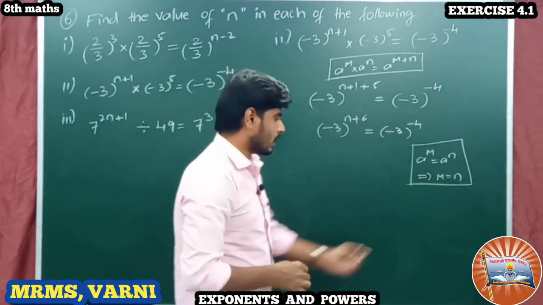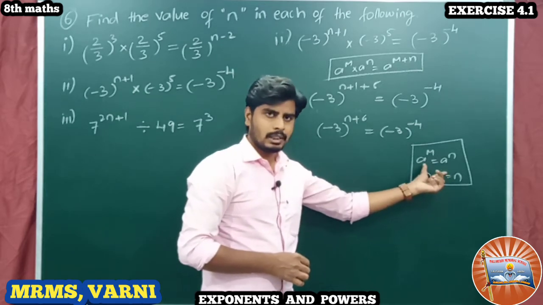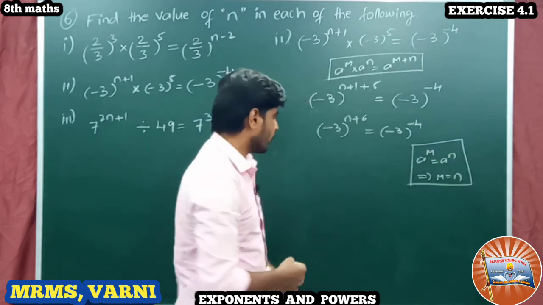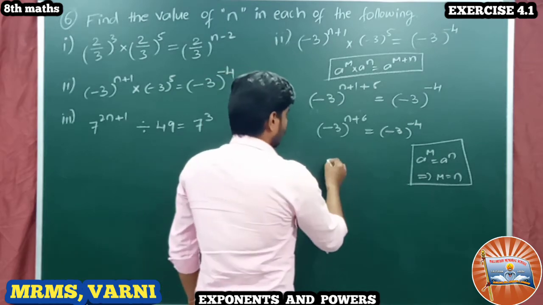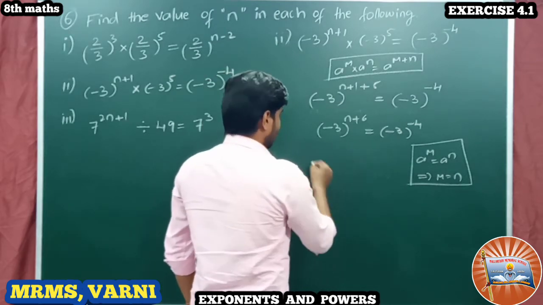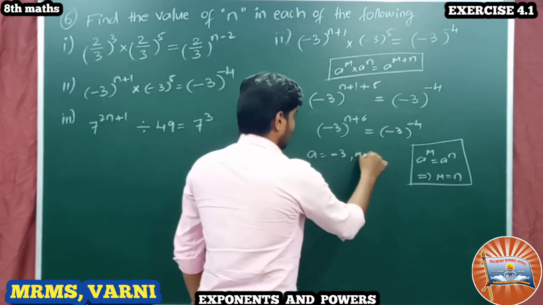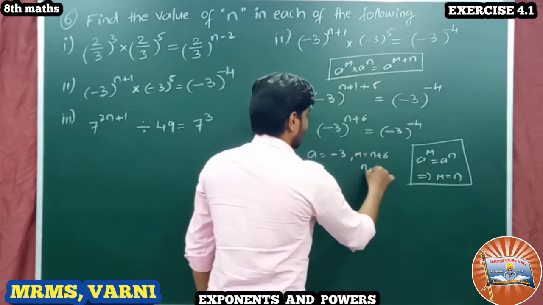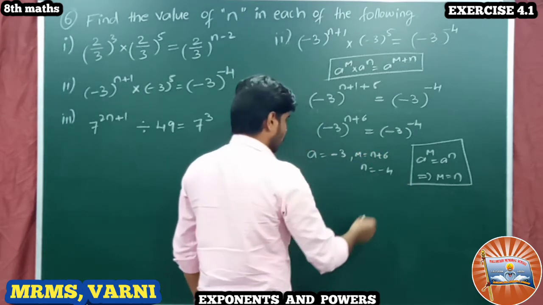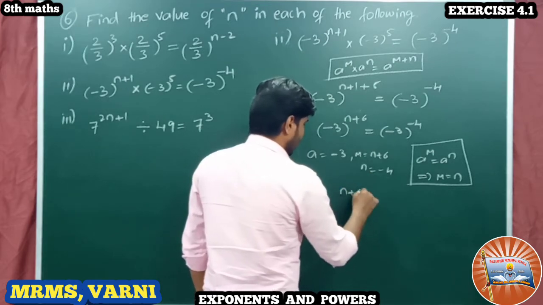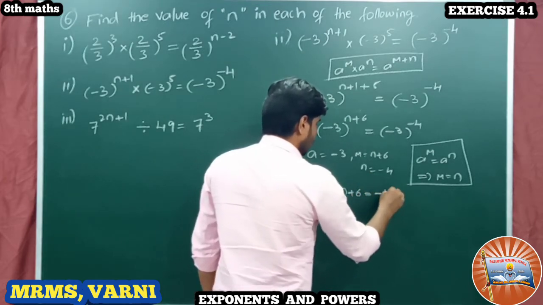So if the bases are the same on opposite sides, we need to equate the exponents here. So what are the bases? a = −3, m = n+6 and n = −4. So we have to equate, nothing but n+6 = −4.